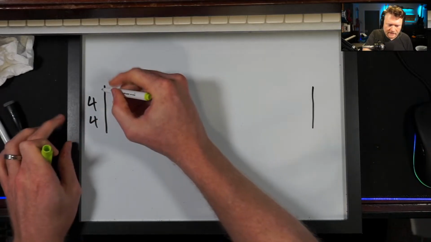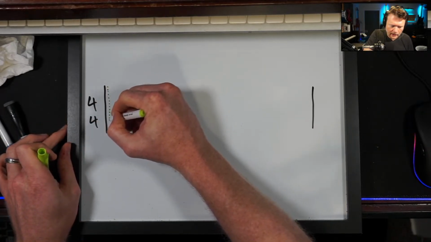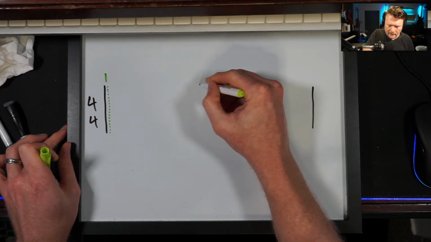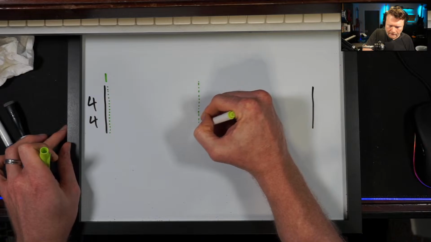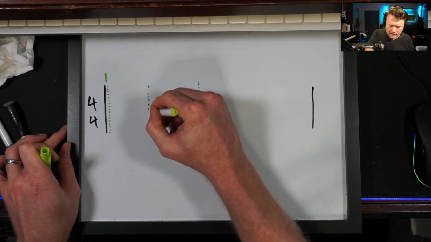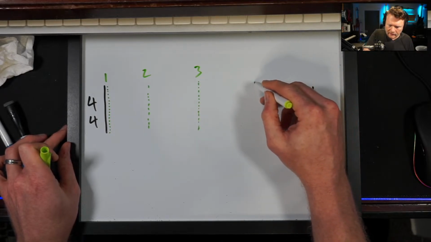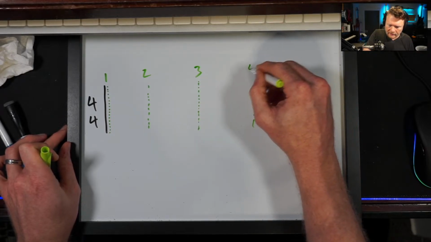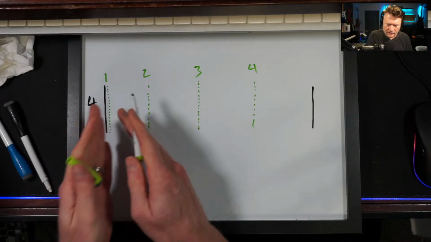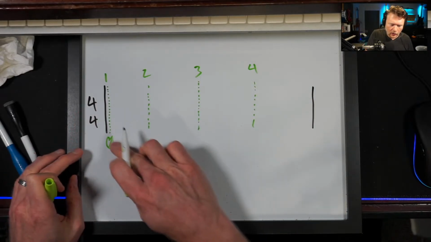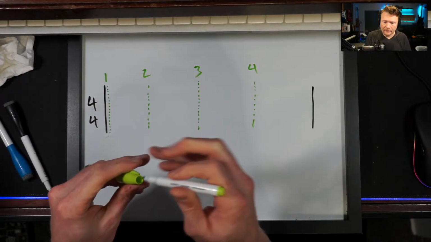Here's our beat 1, right at the very beginning, then our beat 2, our beat 3, and finally our beat 4. So you can see there's 4 beats. These are like the pulses. Remember, we talked about them being kind of like a heartbeat.